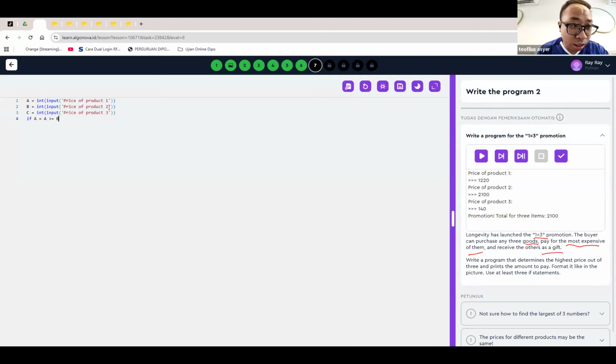So how do we make the system like this? First thing first, I think you can use if, and then if A, because A is the price for product one, right? Yeah. If A, please erase this. Just if A first. Let's make the first condition. If A bigger than or equal B, right?